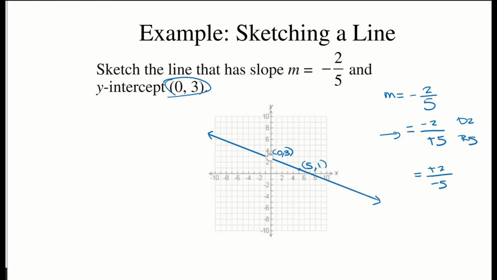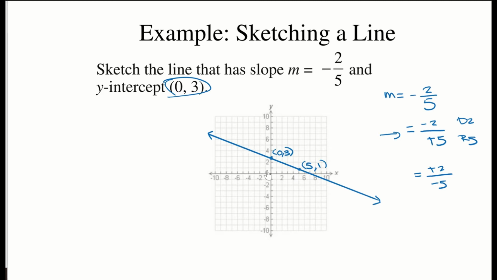Now you may wonder, you said the other interpretation is okay too, right? Of course you could. So instead of going down 2 and then right 5, you could have gone up 2 units and then left 1, 2, 3, 4, 5 units, and you would have come to another point on the line. It would just be a different point, right?